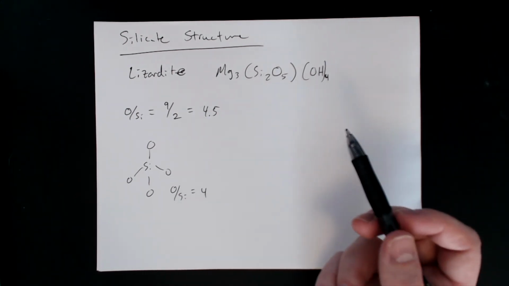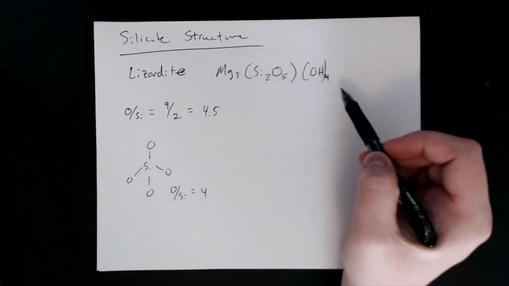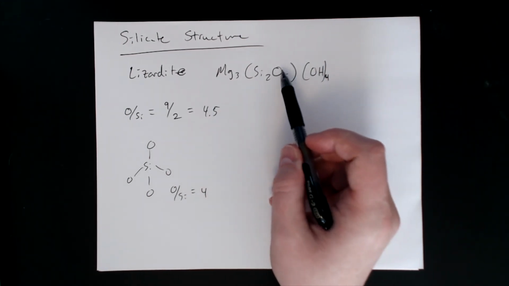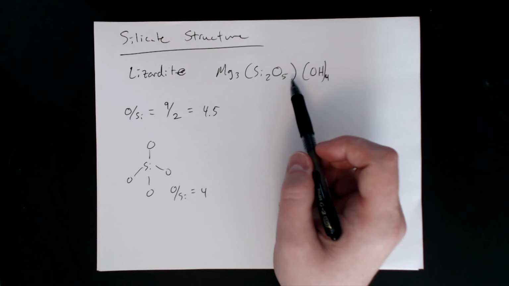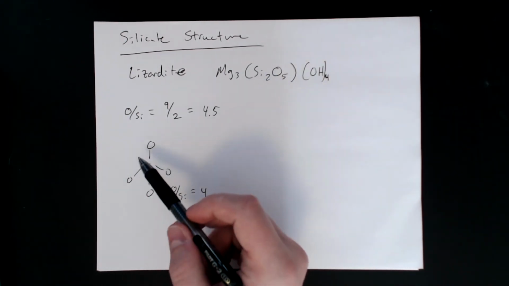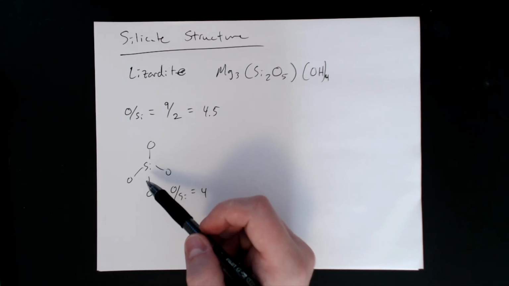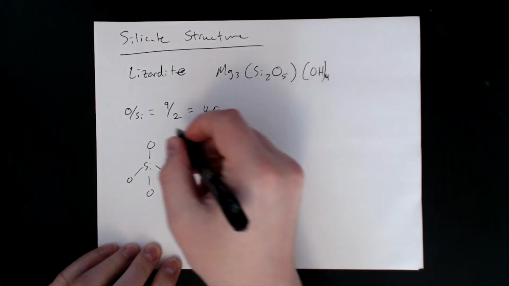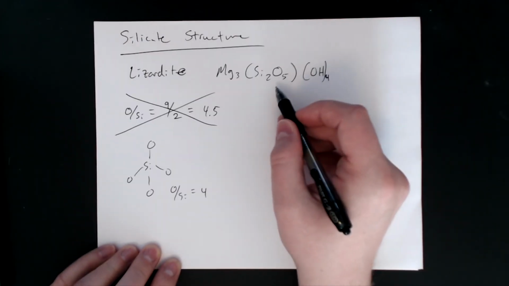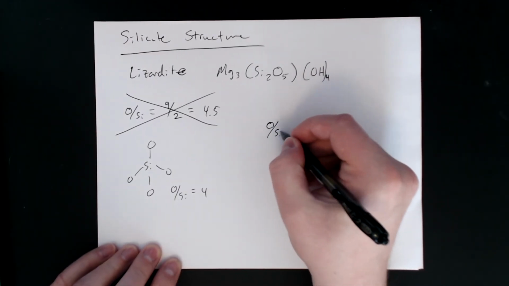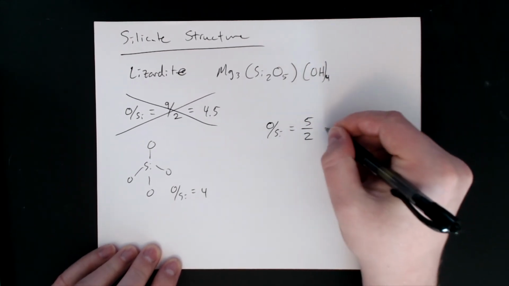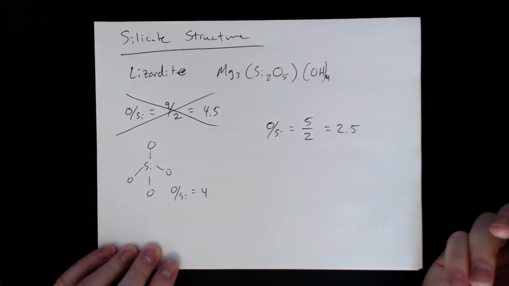They've already done that, and so we know that these don't count. It produces too high of a number. So really all we're concerned about is the SiO here, the ones that are networked together as part of this tetrahedron. So this is not correct. Instead, we should only count these. And so our O to silicon ratio is 5/2. That gives us 2.5, right?